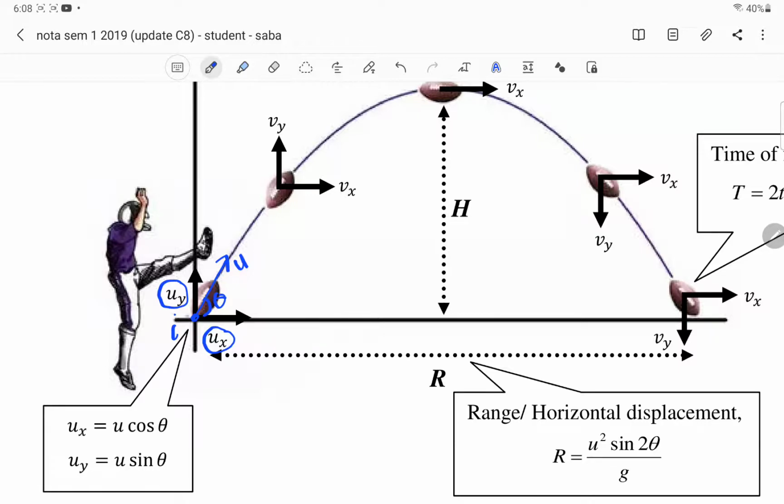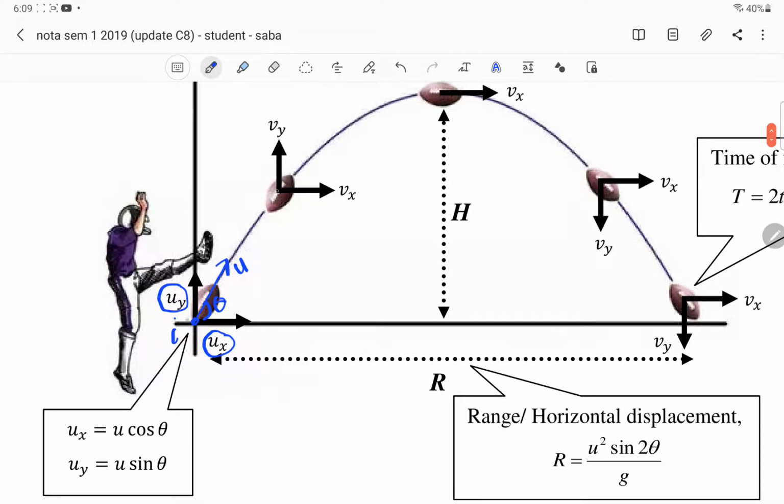The velocity in horizontal components is always constant at any point along the path travel. Let's say apabila objek itu reach at this point, so the magnitude of velocity in this direction, Vx is always constant, is always equal to the Ux.